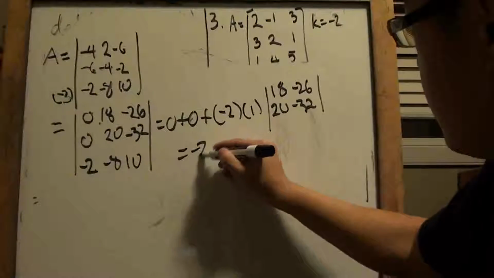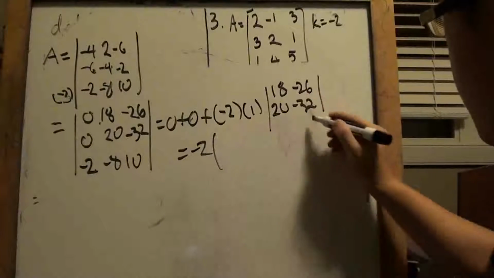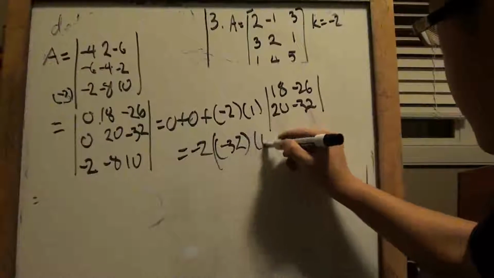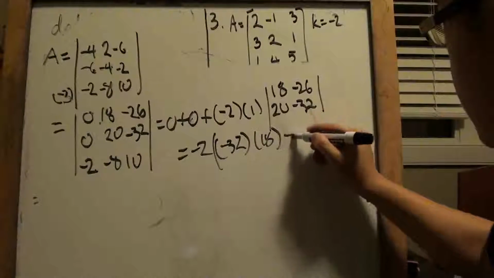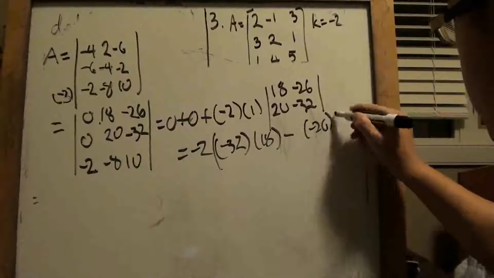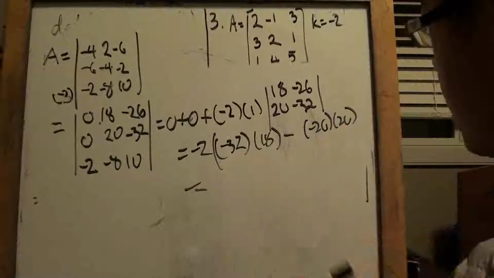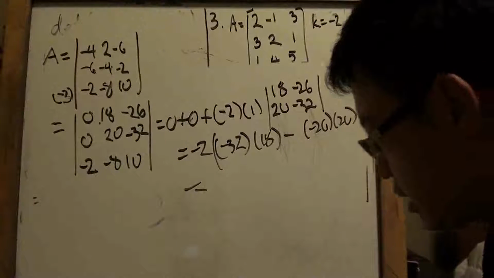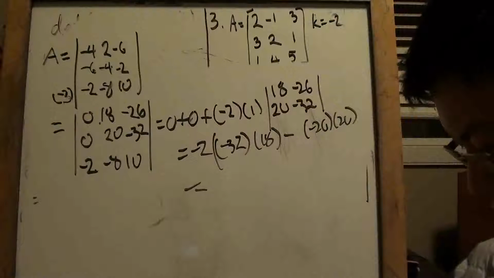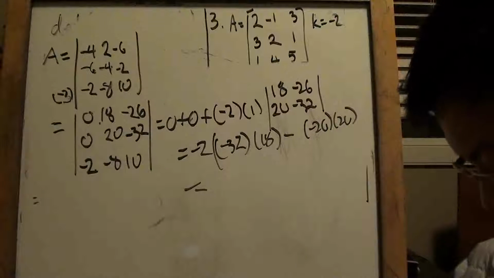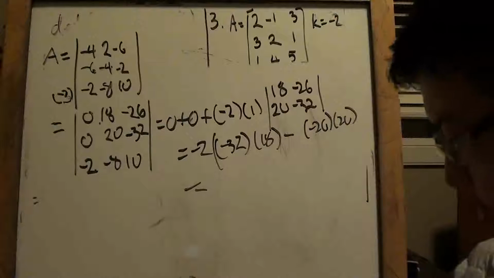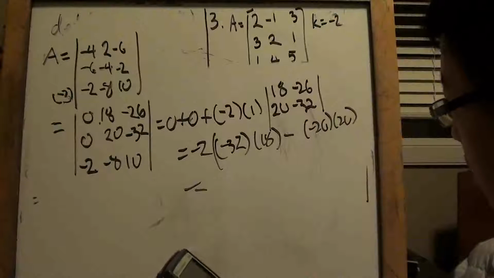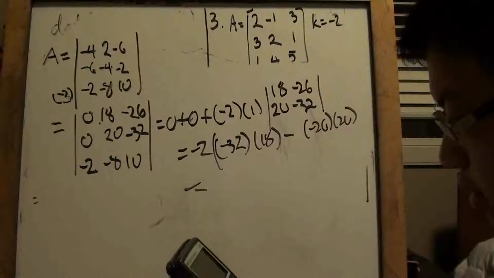But anyways, 2. That's going to be, oh god. Okay. This -26, 20. Yeah, what is this going to be? It's going to be a huge number. So I'm just going to type it in. -32 times 18 plus 40.